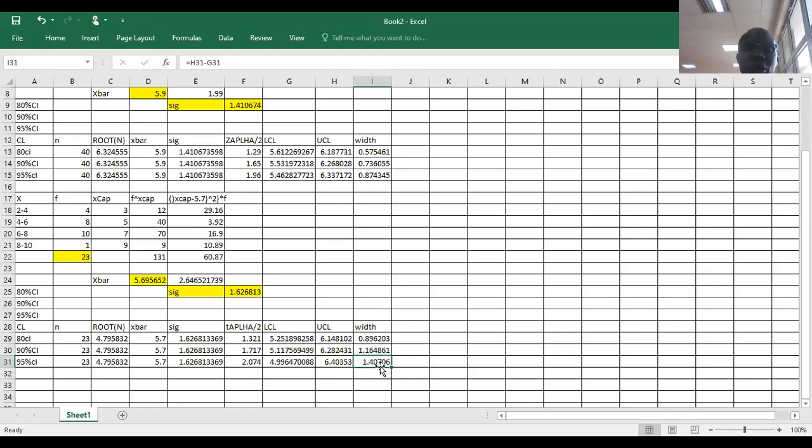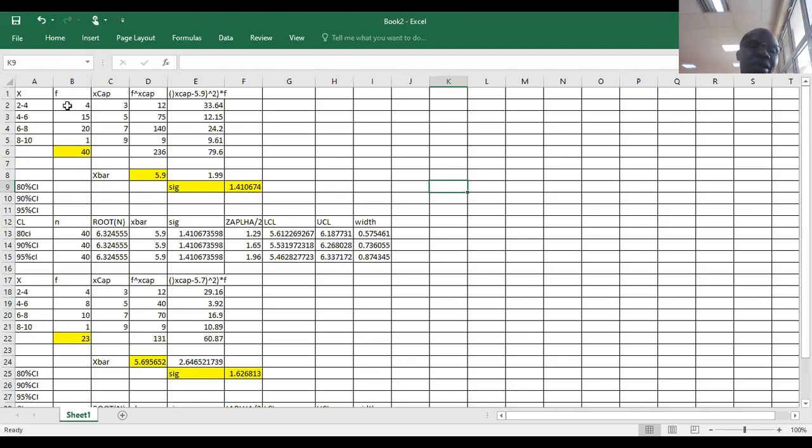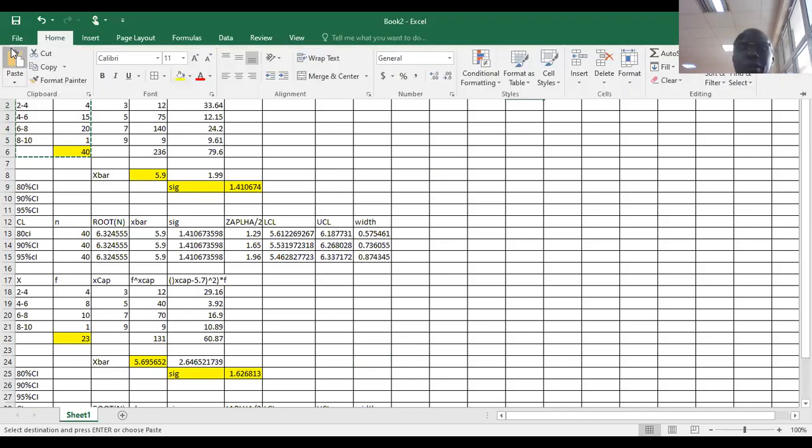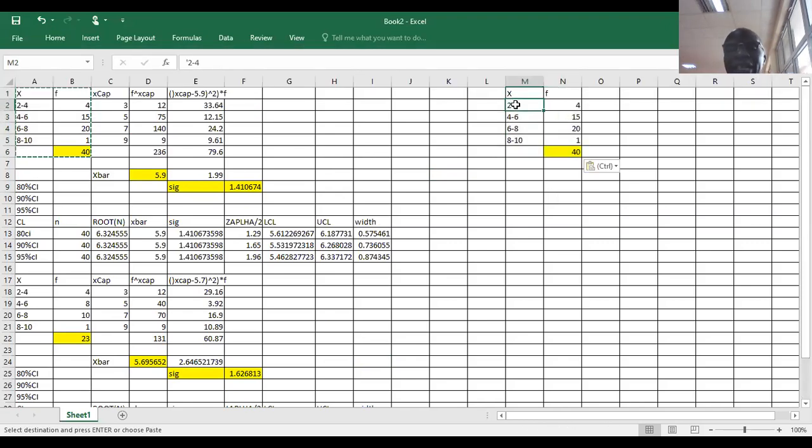Quickly, very quickly. And this one you do very quickly. Determine the 97.3% confidence interval for the mean with respect to the following data set.